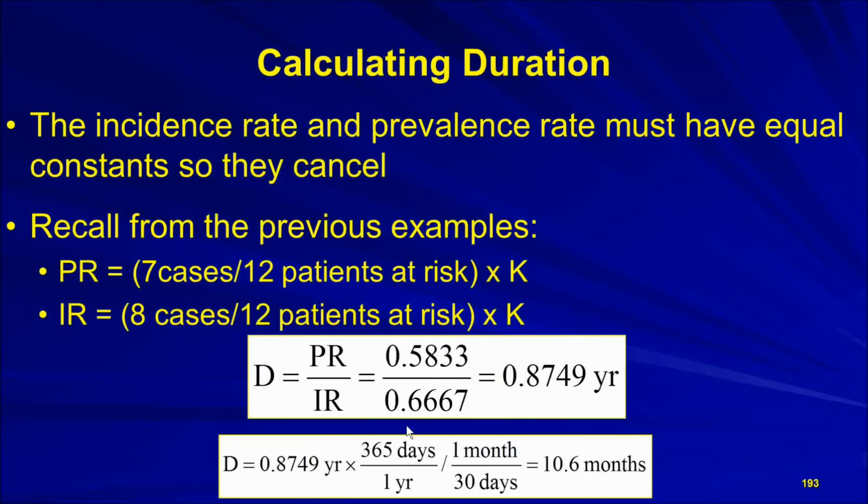We're defining a year as 365 days and a month as 30 days, and ultimately we're going to divide 365 by 30 to come up with 10.6 months. Okay, so that's our answer.